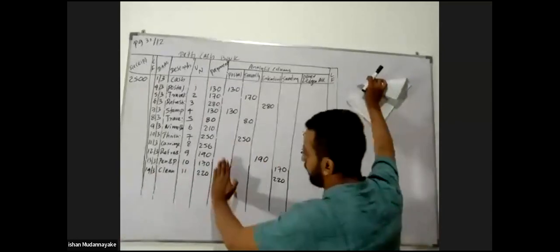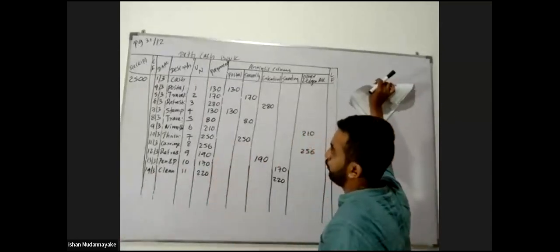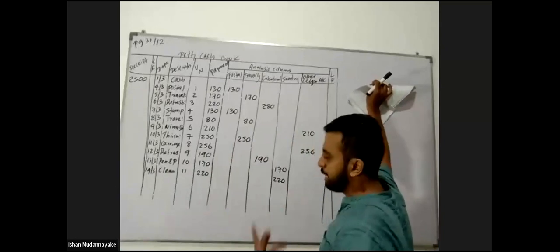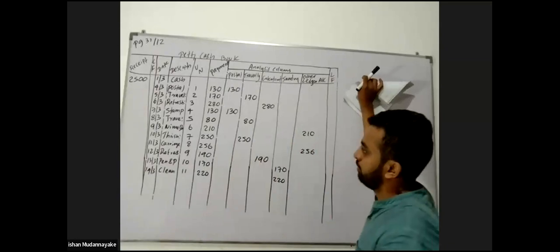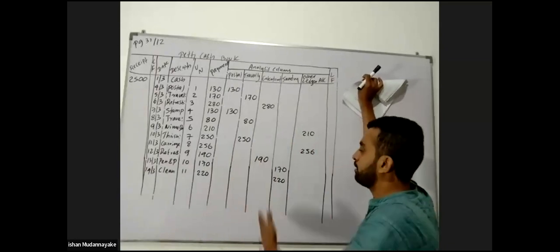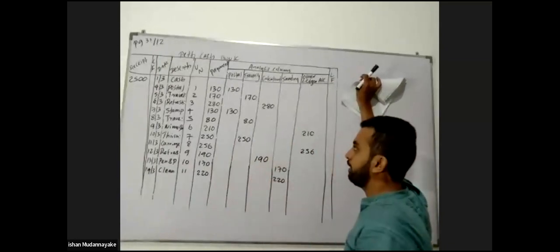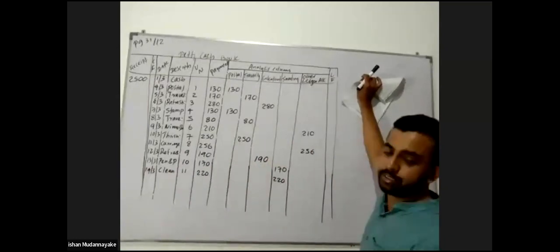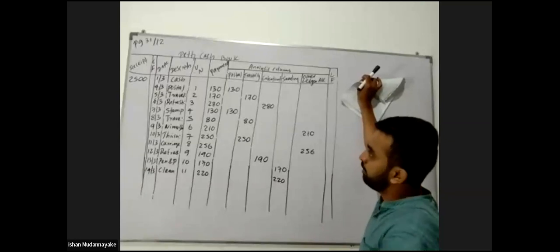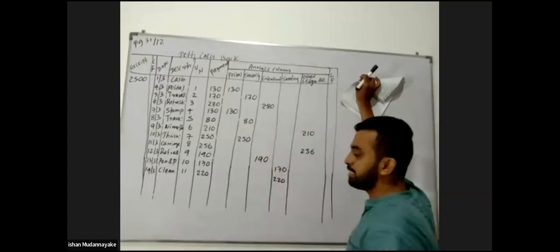Now, if we have more postal expenses, we can allocate a separate column to postal. If we have more travel expenses, we can open a travel expenses column. If you have more entertainment expenses, we can record them in an entertainment column. If you have more stationery expenses in the petty cash book, then we can open a separate column for stationery expenses.